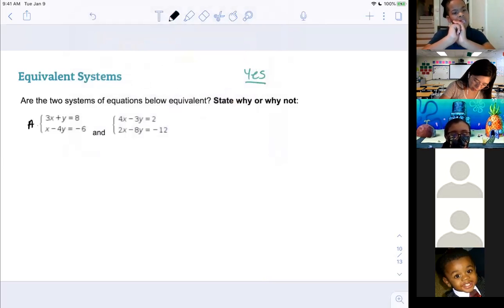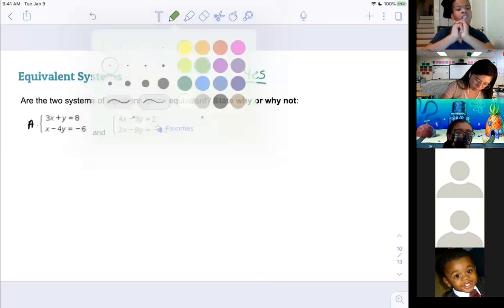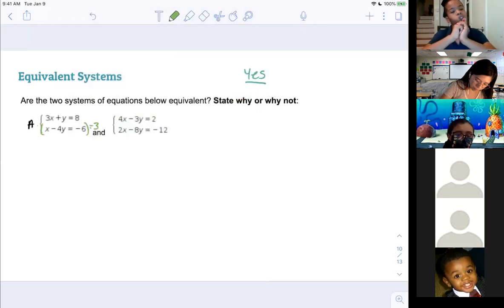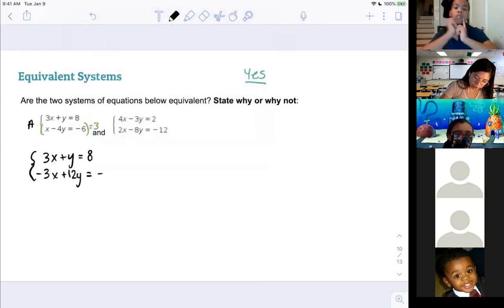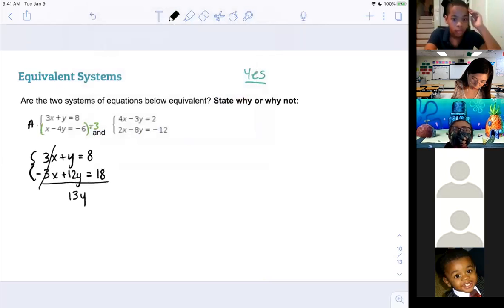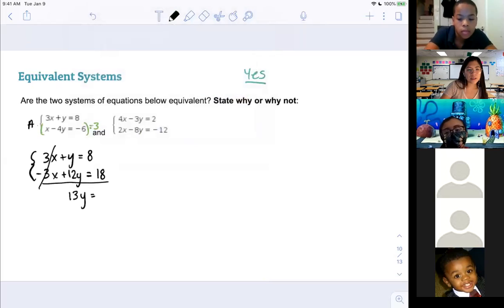That's correct, because you flipped it. The top one stays the same. The bottom one, I get negative 3x plus 12y. We're doing elimination. You could do substitution as well, but we might as well do elimination. Now the x's cancel, and then I get 13y. What's 18 plus 8?